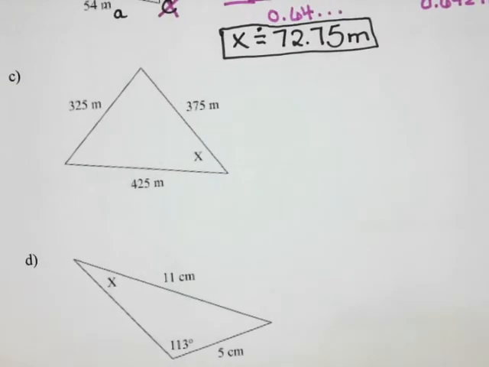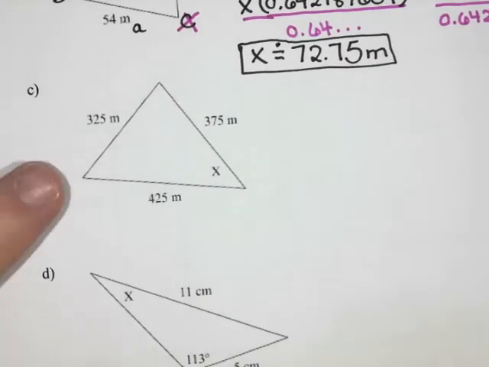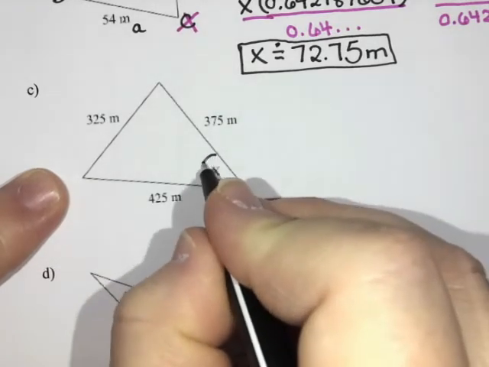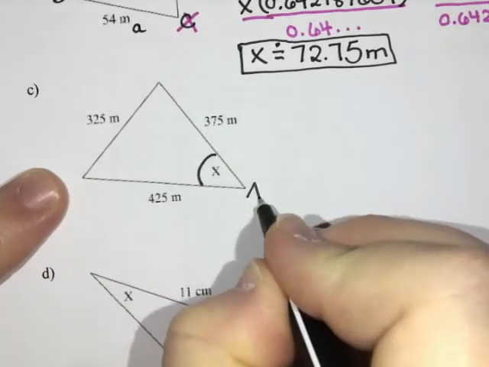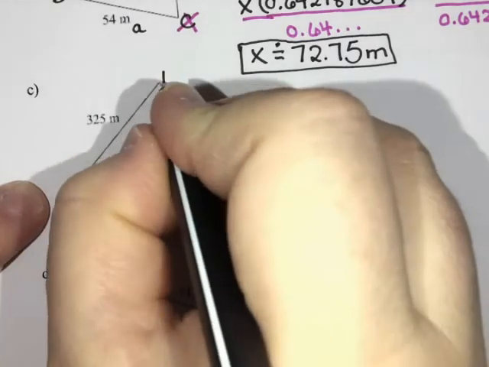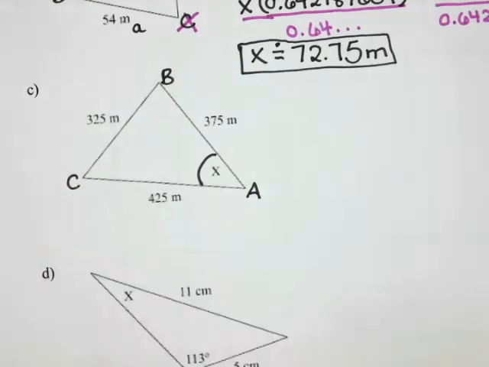So the next thing we're going to do is label. So in my triangle, it's easiest if I label the angle as A, and then other two, B and C, it doesn't matter which one is which.